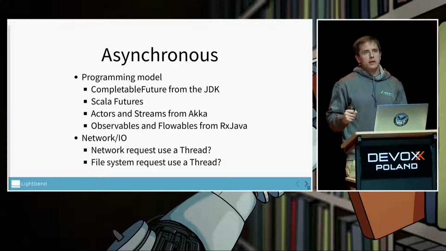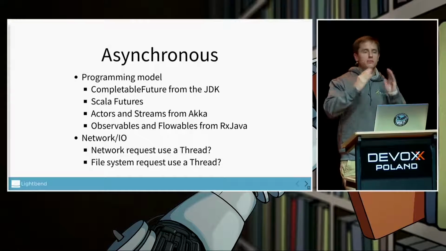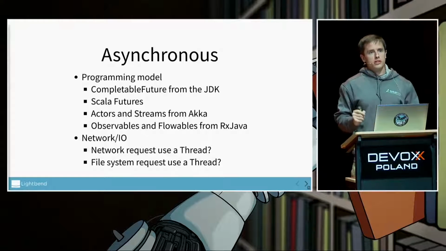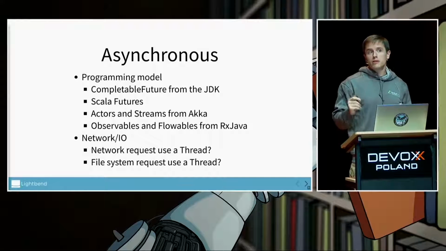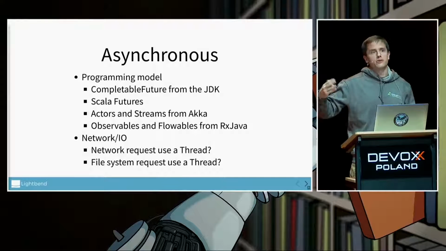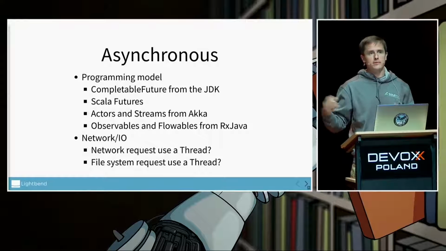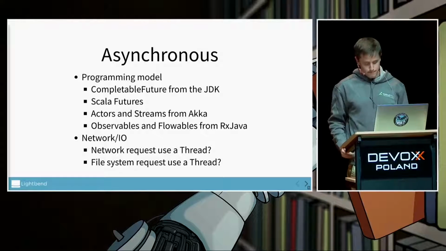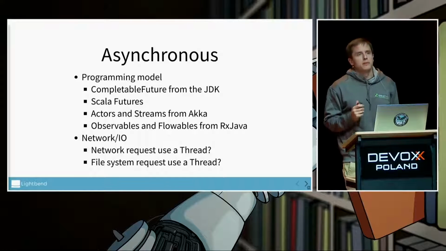If we want to use a small amount of RAM, a small number of resources, to service lots and lots of requests, assuming that those requests actually involve I/O, so databases, queuing systems, file systems, then we want to do everything asynchronously. There's a problem, however.